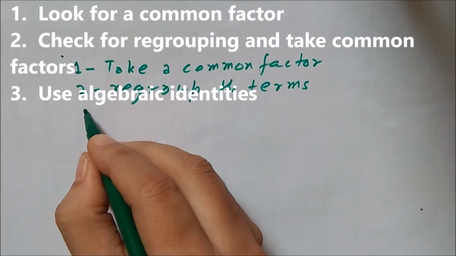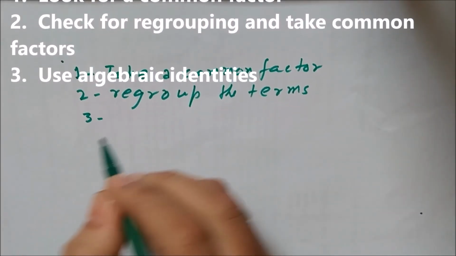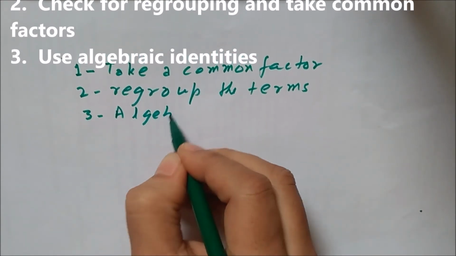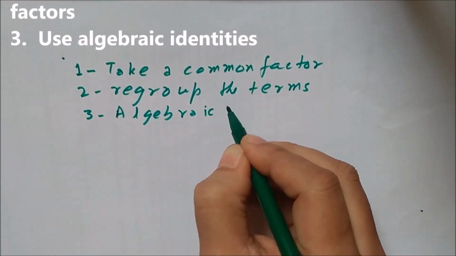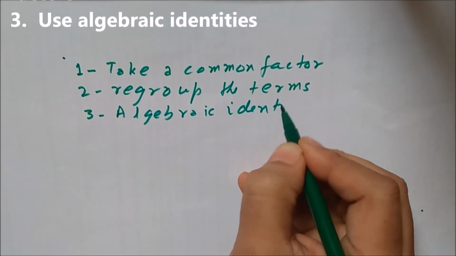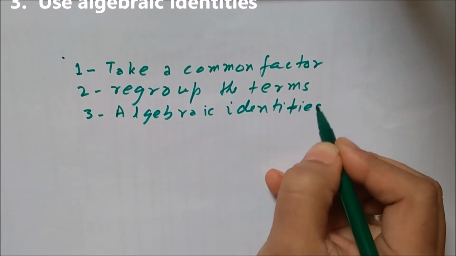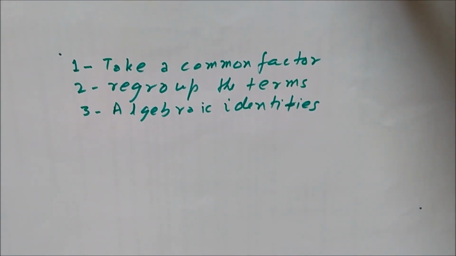And finally, if we cannot regroup, we use algebraic identities to factorize the given algebraic expression.